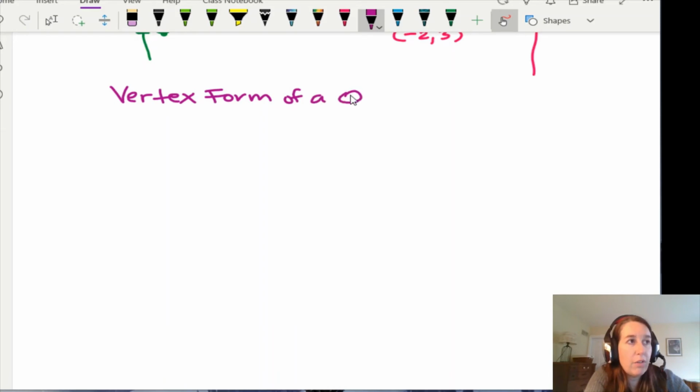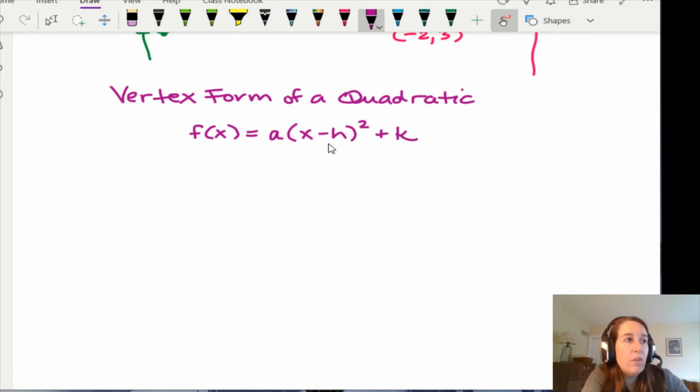So we're going to write out that vertex form here. That would be f of x is equal to a times (x minus h) squared plus k. There are a lot of letters in there because this is just the general equation, but the h, k is the vertex of the parabola.